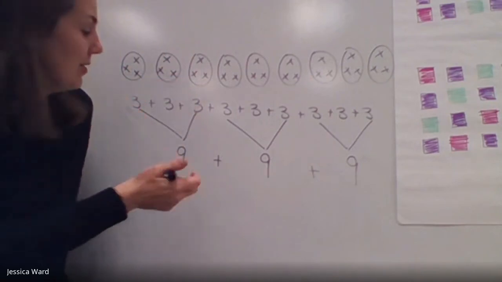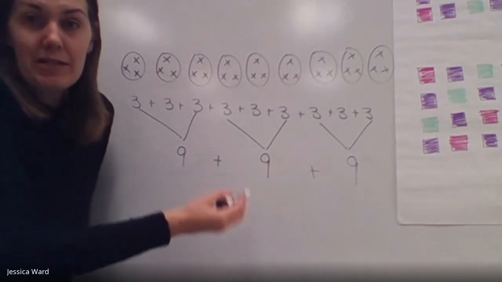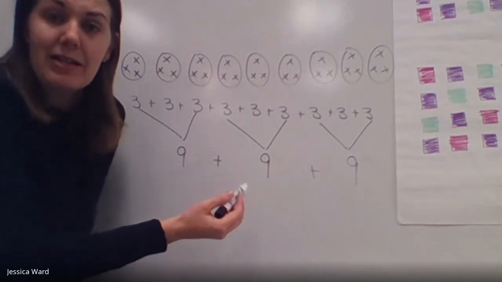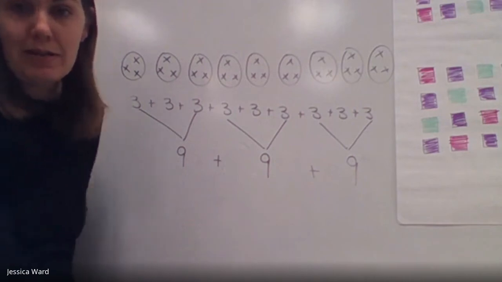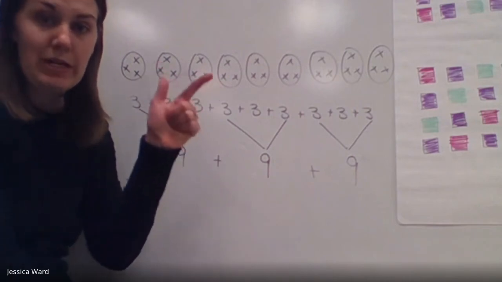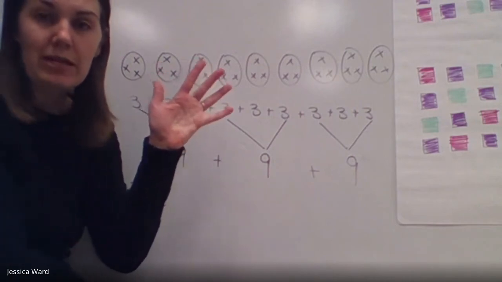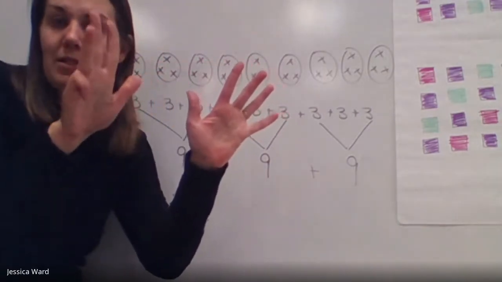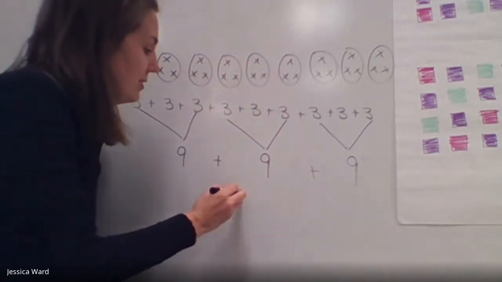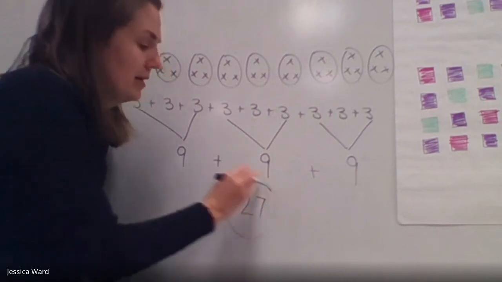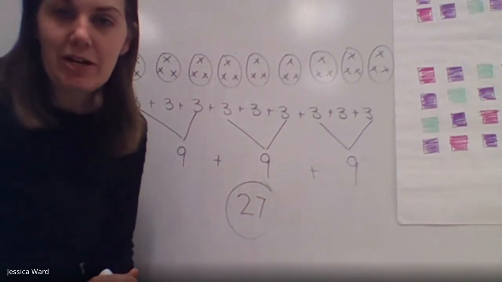So now I can go ahead and add them up. I know that 9 plus 9 is 18 because that's a double fact. And then I'm going to count on 9 more to get my answer. So 18, 19, 20, 21, 22, 23, 24, 25, 26, 27. So my total answer for number 8 is going to be 27 chairs.